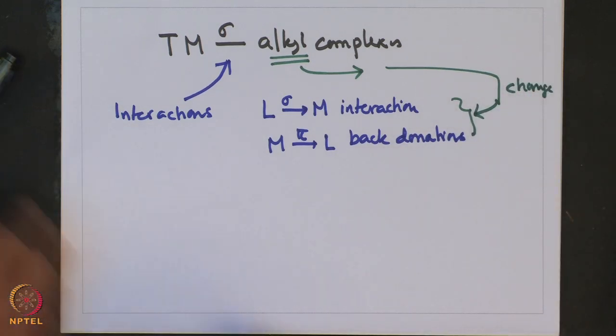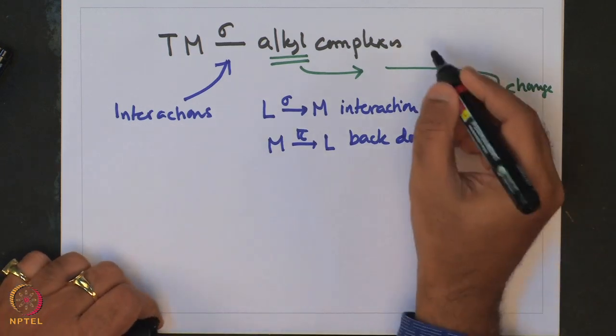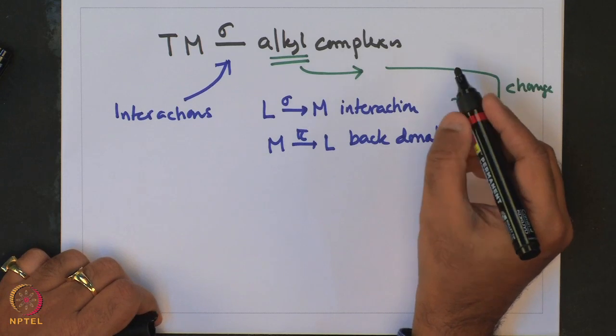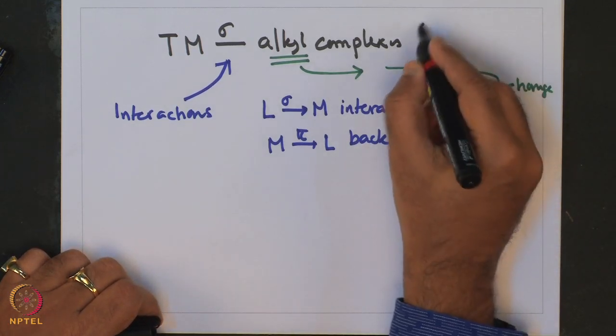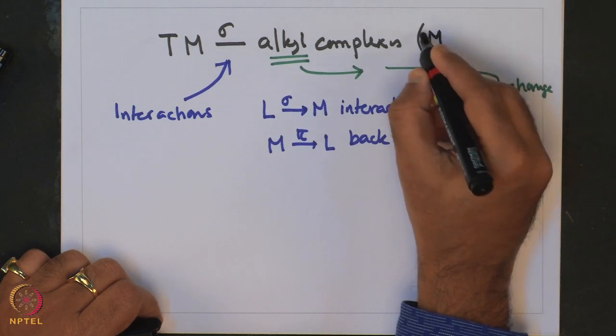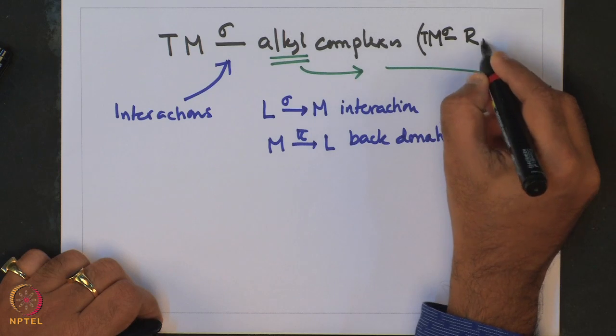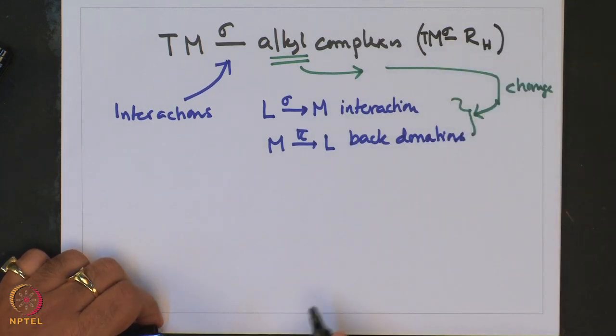In this perspective, we have looked into several kinds of transition metal sigma alkyl complexes. I am talking about TM sigma R H, or sigma alkyl complexes.